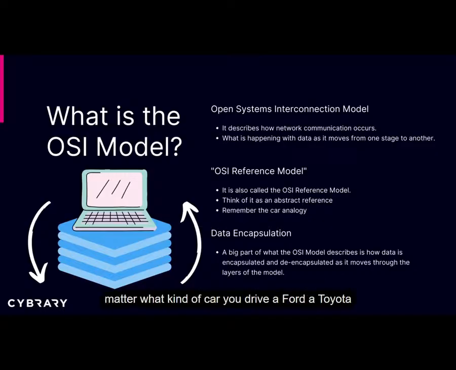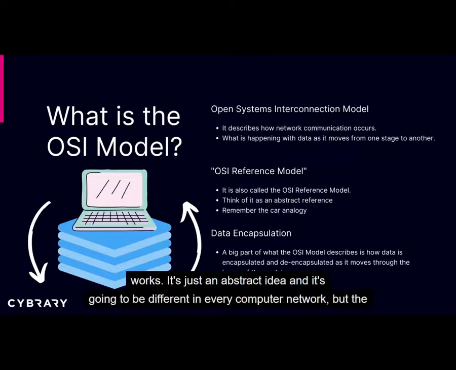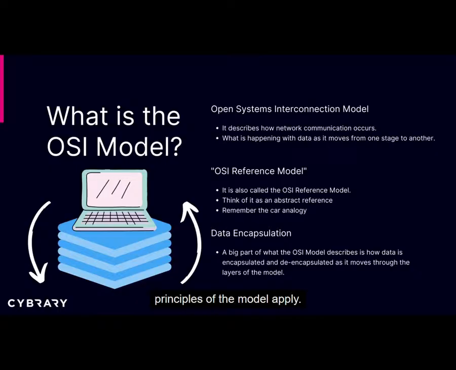No matter what kind of car you drive, a Ford, a Toyota, a fancy BMW, regardless of the make and the manufacturer, the principles of how a car works are the same. And the OSI model is a reference of how computer networking works. It's just an abstract idea, and it's going to be different in every computer network, but the principles of the model apply.